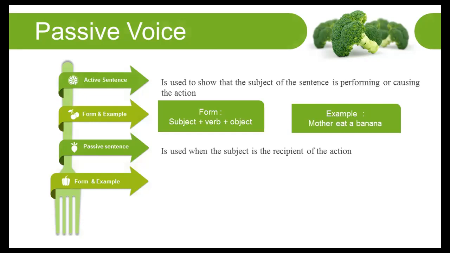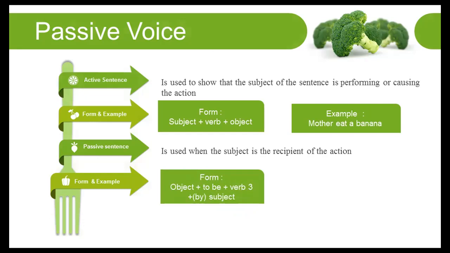How about the form? The form is object plus to be plus verb 3 plus by plus subject. This is the form or the pattern for the passive sentence.